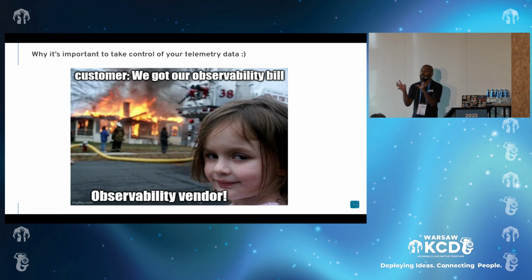Either way, there is a cost for observability, whether you do open source or otherwise. And generally, the cost of observability is directly correlated to the amount of data you ingest. The more high quality data you have, the better for you. So even if you're paying a price, it's at least valuable to you. Otherwise, you end up ingesting a whole bunch of low quality telemetry and you pay the price.